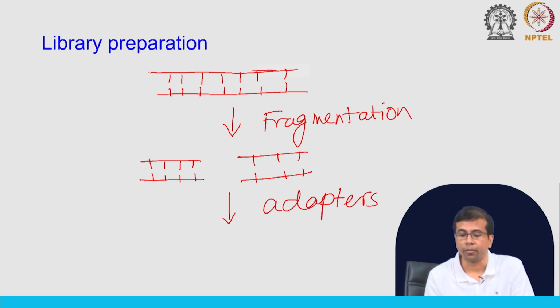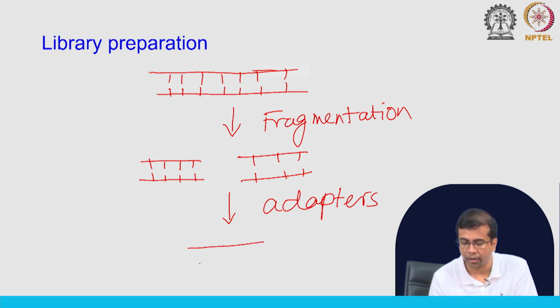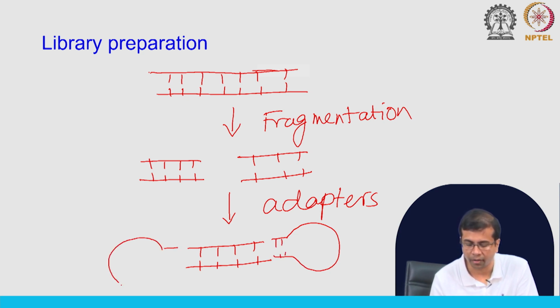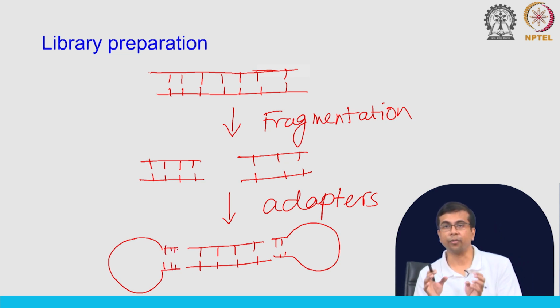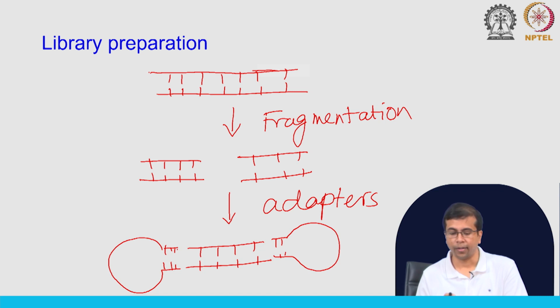The adapters are very special here. We have something like hairpin adapters, and they look like this, and we can have two different adapters on two sides. It looks like this dumbbell shape.